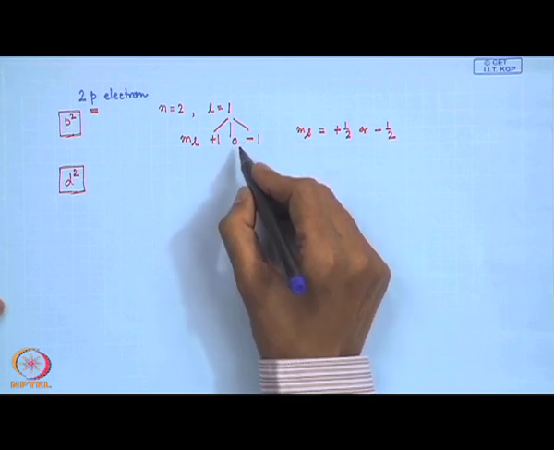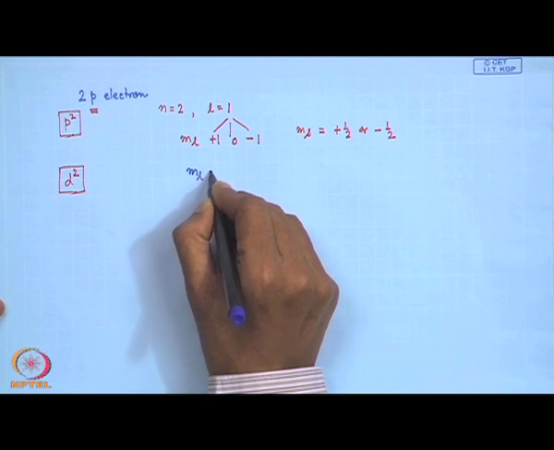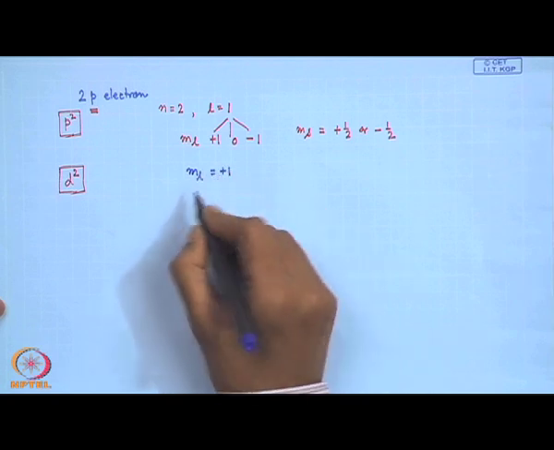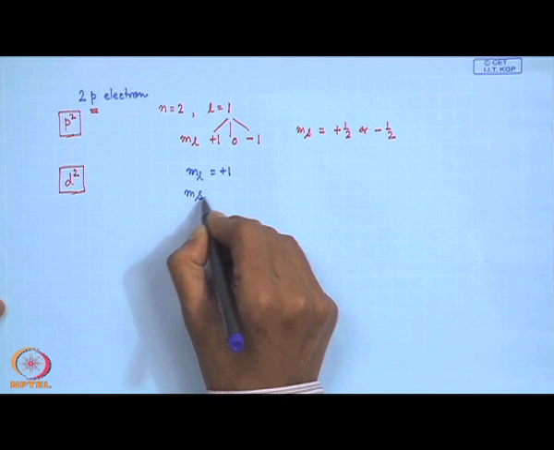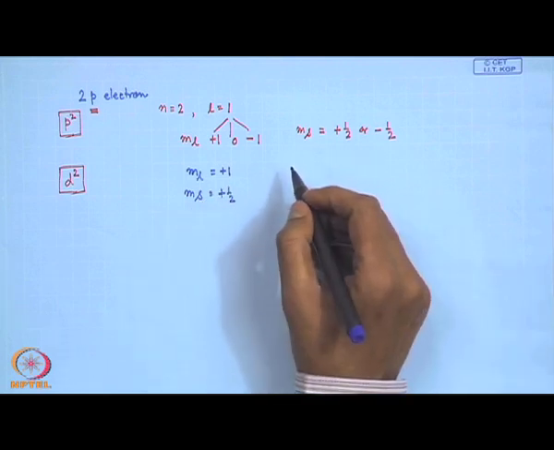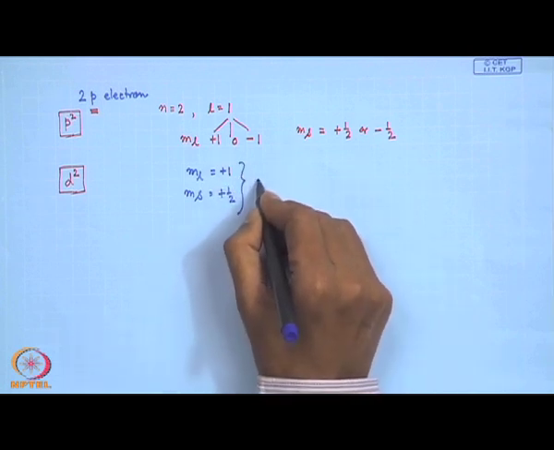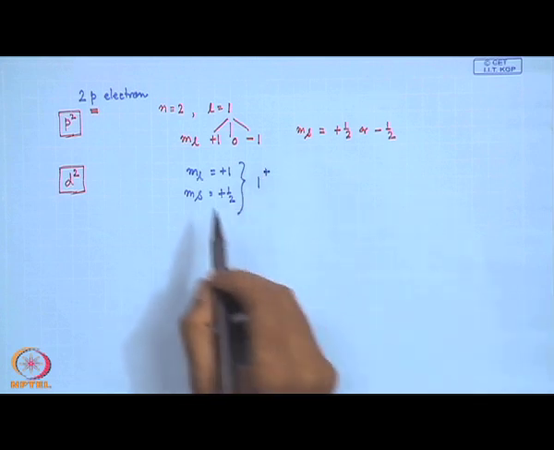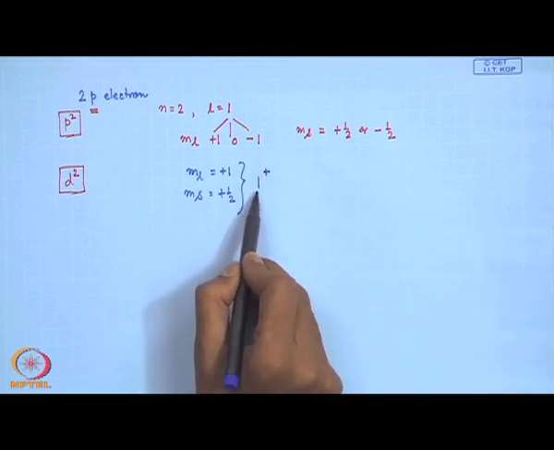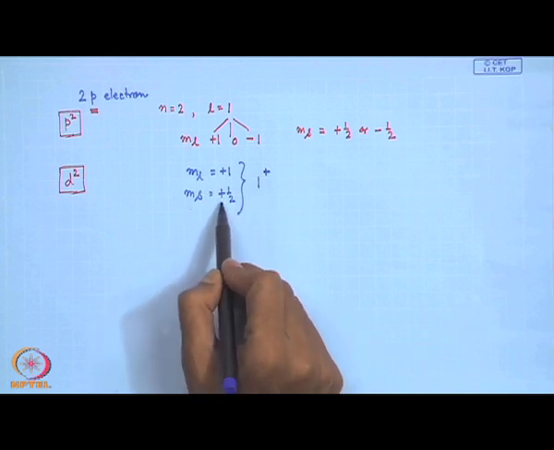Whenever we have the first electron with ml equal to plus 1 and ms equal to plus half, we will designate this as 1 plus, where 1 is the value of ml and plus is ms equal to plus half.